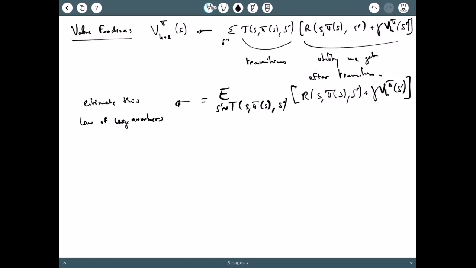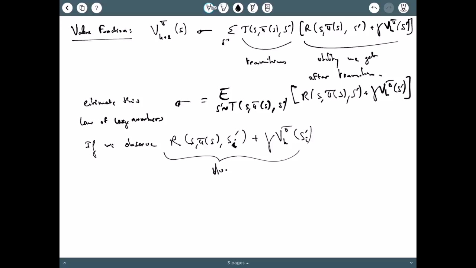So that means that now, if we observe the reward, and this is going to be our sample, so basically, if at some point we end up in S prime after having chosen the action prescribed by the policy in state S, so we assume we already have an estimate of the value function, what we can do is compute an average over this empirically.